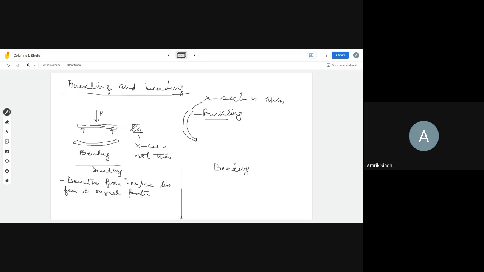Buckling is deviation from the column central line, and bending is the deviation of the center line of a beam with respect to its original position.